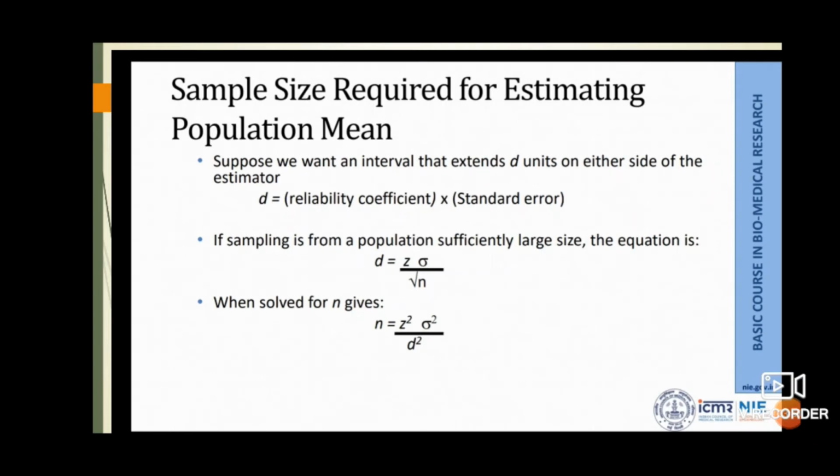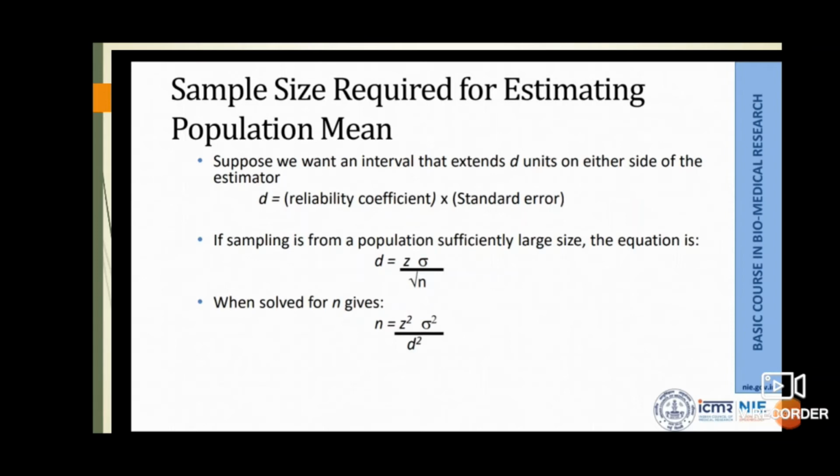Now coming to determining the sample size for estimating a population mean. The formula goes: n is equal to z squared sigma squared divided by d squared. Here d is equal to z sigma divided by square root of n.